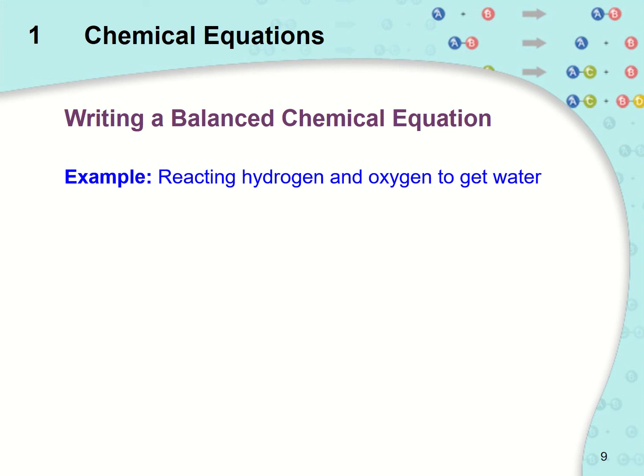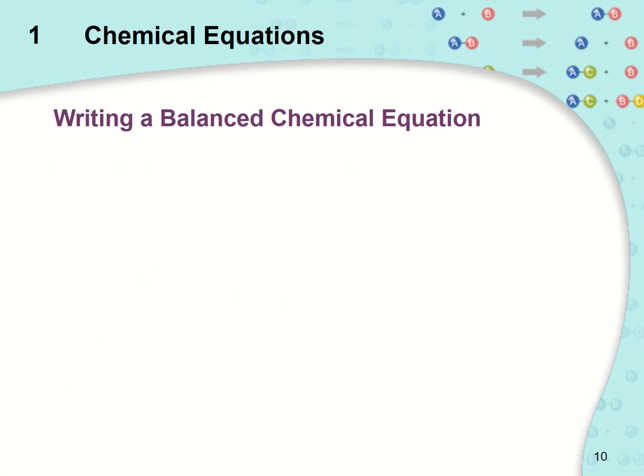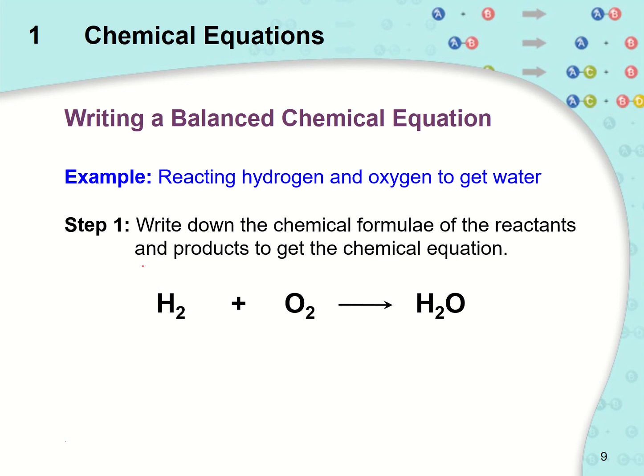So you write down the chemical formulas of the reactants and the product first. My hydrogen, chemical formula H2, reacts with oxygen, chemical formula O2, to form water, chemical formula H2O. So this is the first step. You write down the equation first.